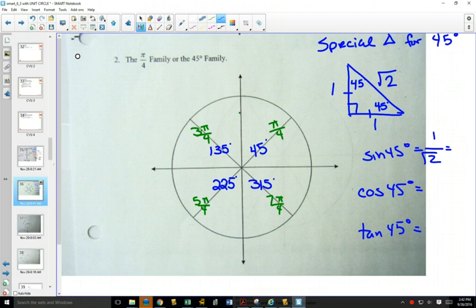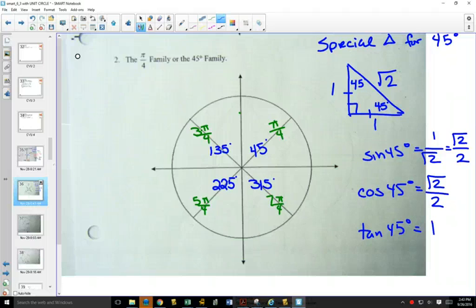And if you were to rationalize the denominator here, and I'm going to do that at this time, multiply both top and bottom by root 2, you would get root 2 over 2. Does it make sense that cos of 45 degrees is identical? It's exactly the same. So cos of 45 degrees will also be 1 over root 2 or root 2 over 2. What's tan of 45 degrees? 1 over 1, so we can write just 1.